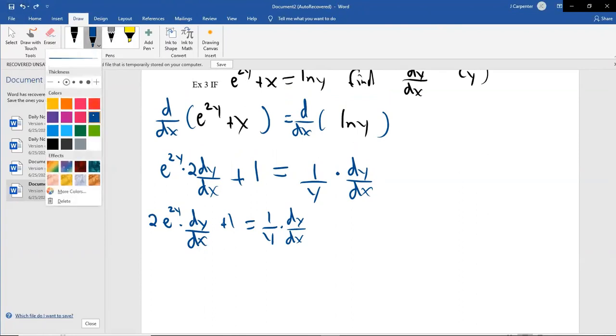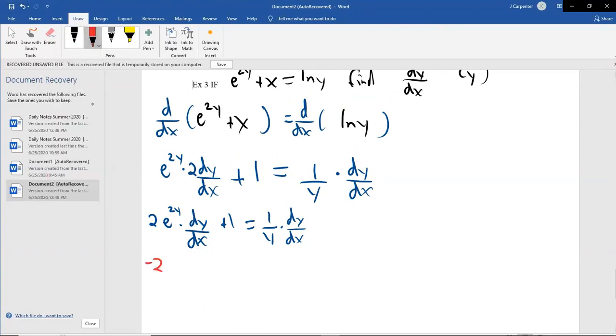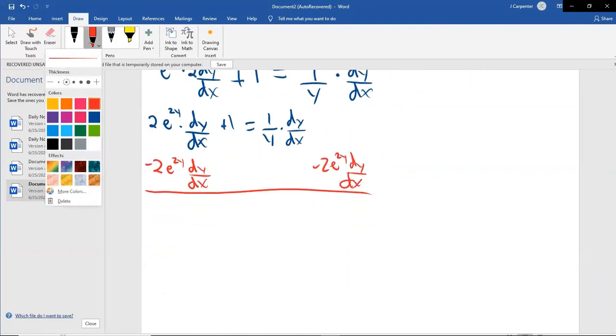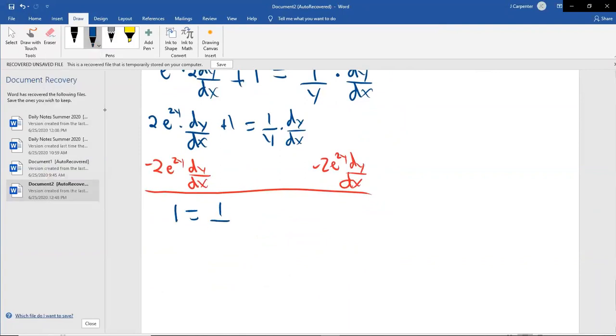I'll show that because I'm going back on what I said. 2e to the 2y, we're going to subtract that on both sides. So that's going to give us 1 equals 1 over y dy over dx minus 2e to the 2y dy over dx.